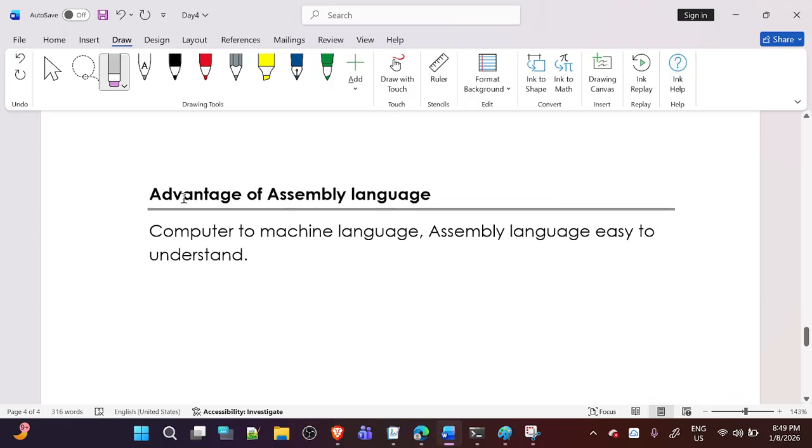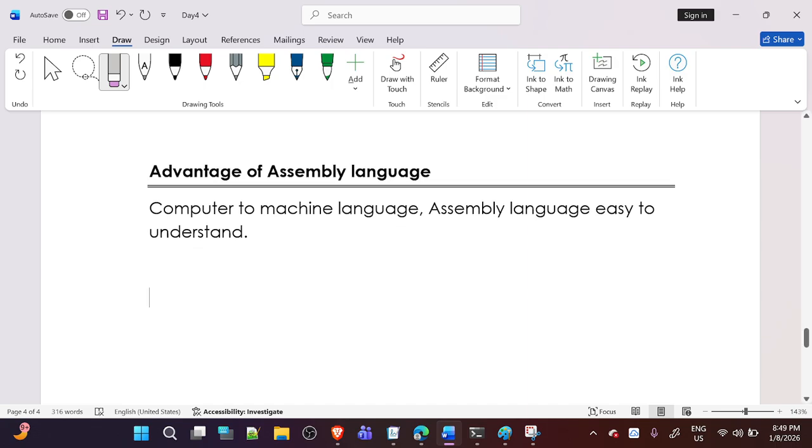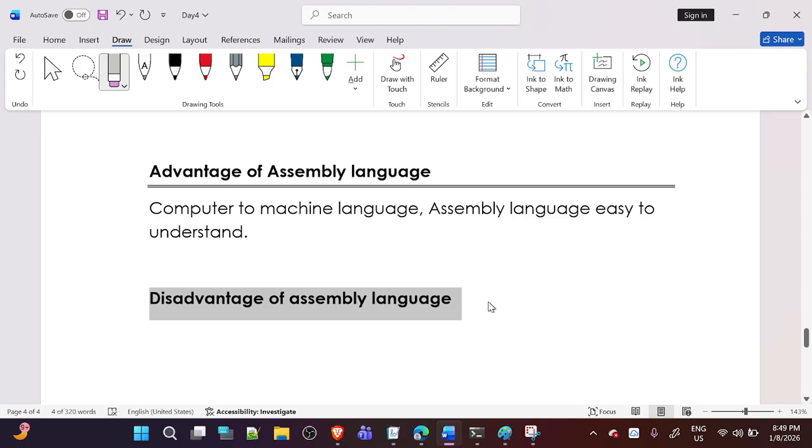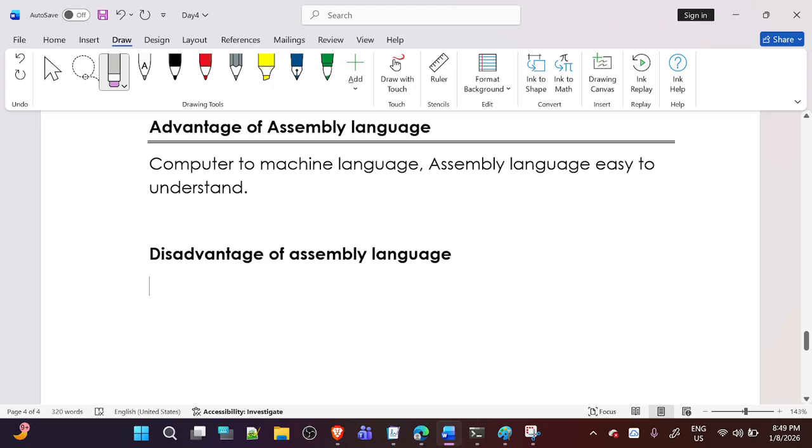So this is the advantage of assembly language. But assembly language is also a machine language. So if it is a machine language, what will be the disadvantage? Can anyone tell me what are the disadvantages of assembly language? It requires a translator. Yes.